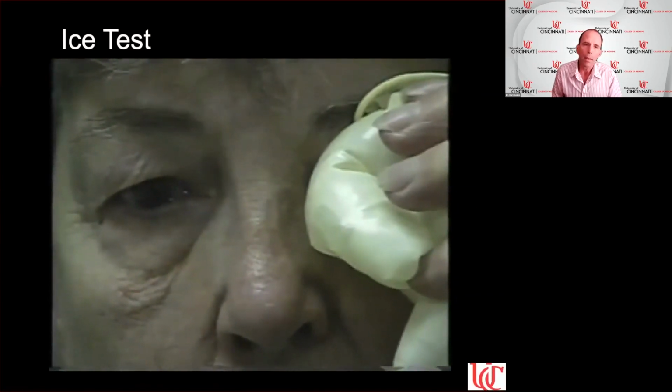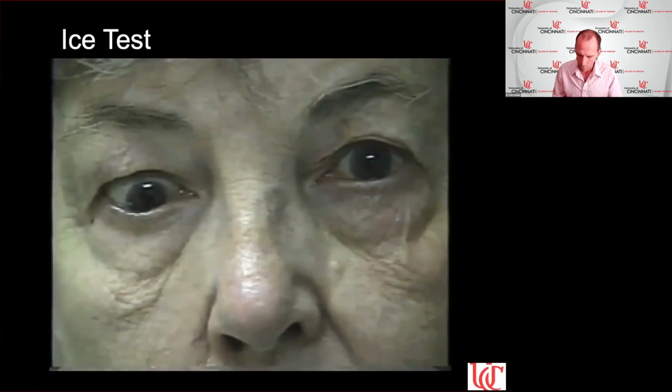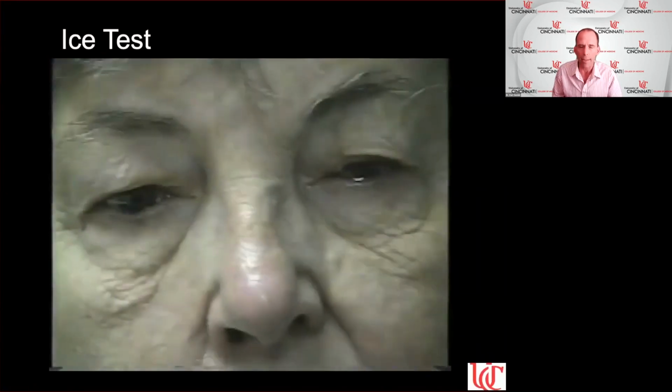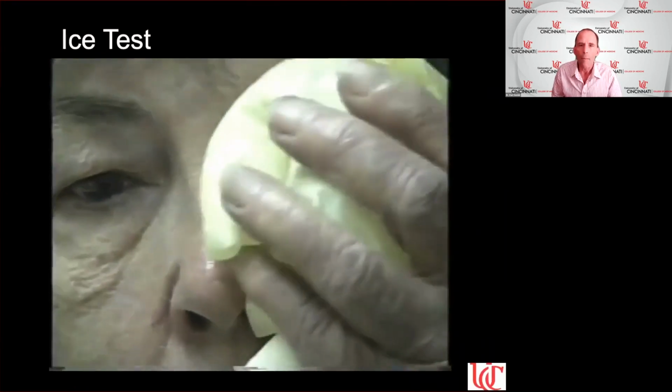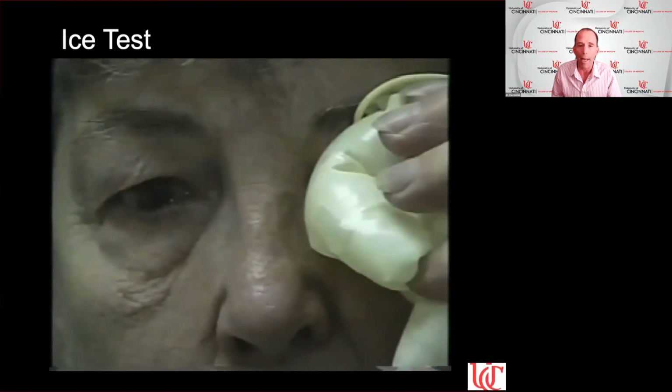So again, significant ptosis prior to the ice test, and then marked improvement. So a very positive ice test, again, a test for myasthenia gravis. Other causes of droopy lids do not cause a positive ice test.